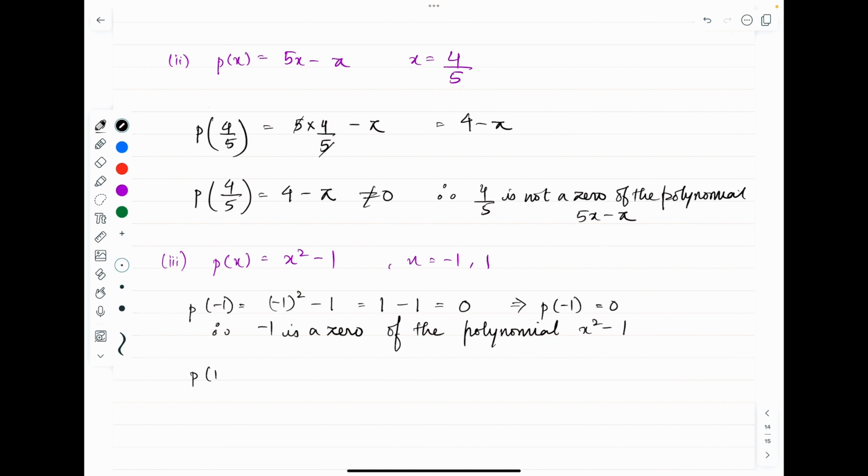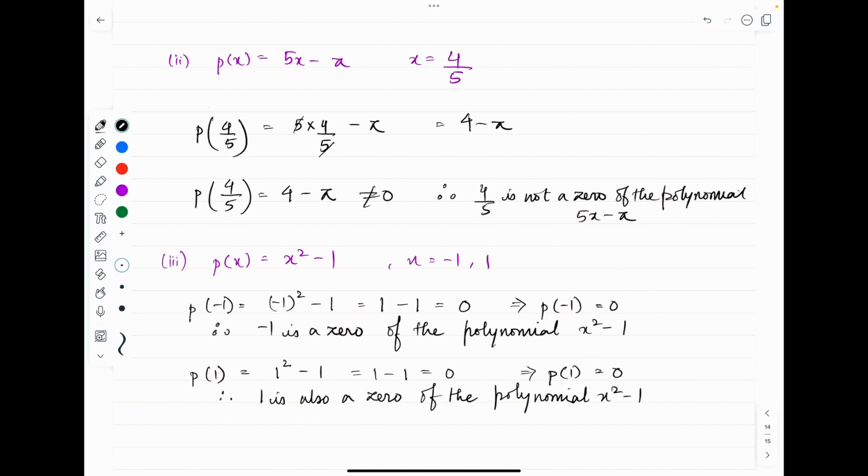Then we check again for p of 1. p of 1 is, instead of x square, we write 1 square minus 1. 1 square minus 1 is 1 minus 1, which equals 0. Means p of 1 is coming as 0. Therefore, 1 is also a 0 of the polynomial x square minus 1.